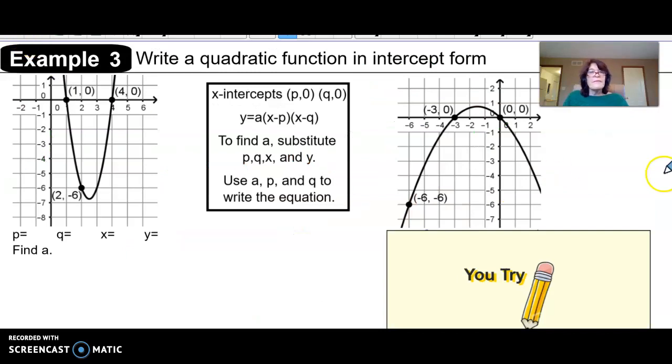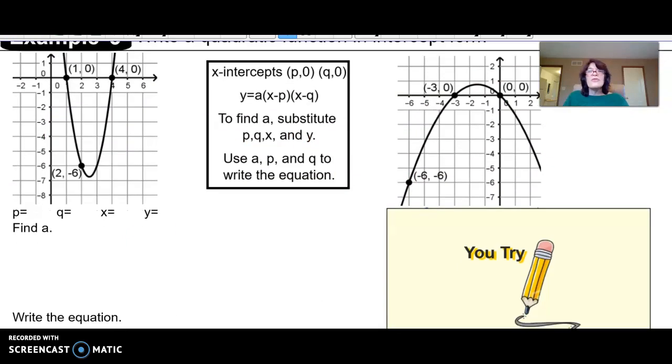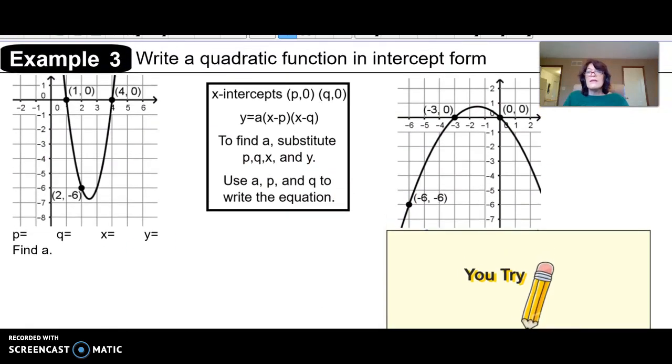Okay, now we're asked to write an equation in intercept form if you're given these points. Luckily I know p is 1 and q is 4, right? So right away I can write y equals a times x minus 1 times x minus 4.